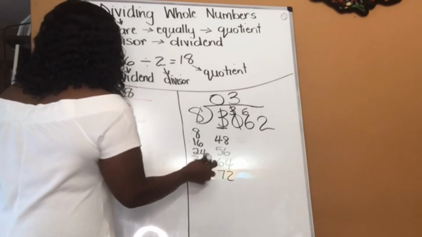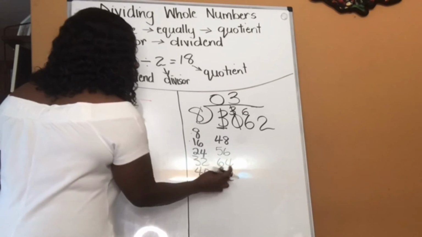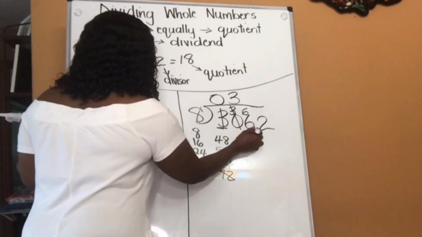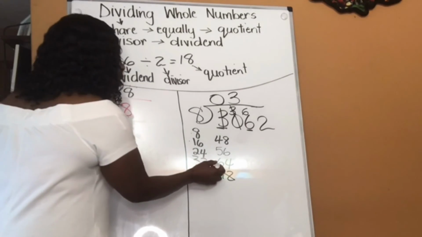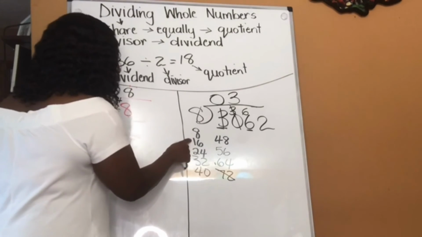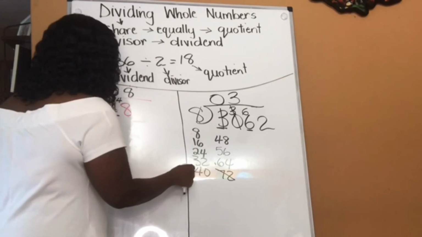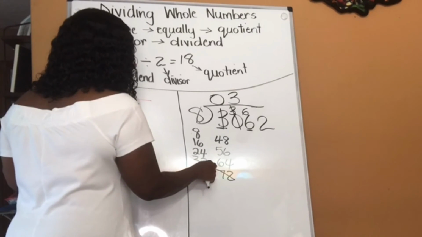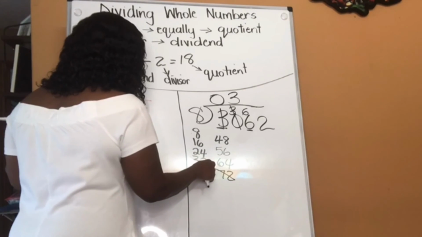So we got to 72, which means we've gone too far. We don't need 72, we need 66. So we have to come back and use 64. So 1, 2, 3, 4, 5, 6, 7, 8. So we can get 8 sets of 8 out of 66.